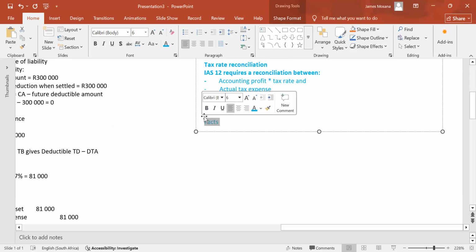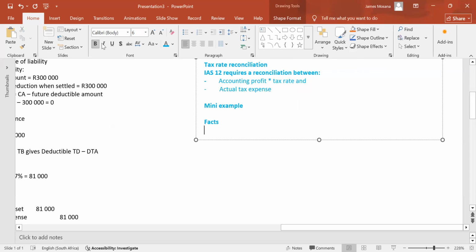We have an accounting profit before tax at $1 million.